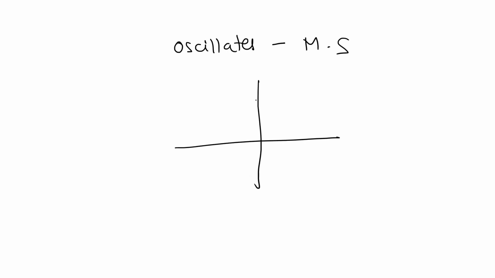You have to understand this concept: when it oscillates, it is marginally stable. When a system is marginally stable, the poles have to lie on the imaginary axis. Which poles lie on the imaginary axis? Let me give an example.